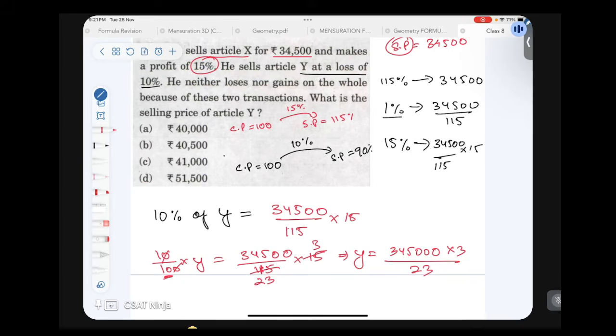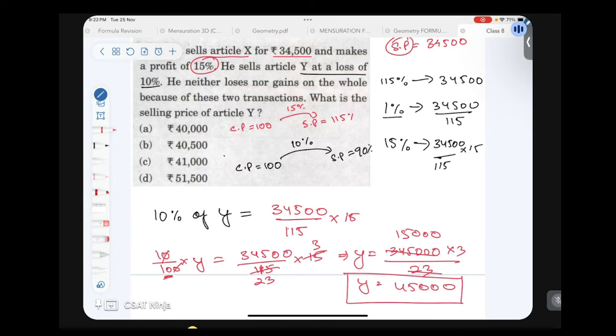How much is left? 4 and 7 is 11, 115. 23 into 115, 23 ones are 23, 23 fives are 115. If my calculation here is not wrong, I'm getting Y value as 4,500.